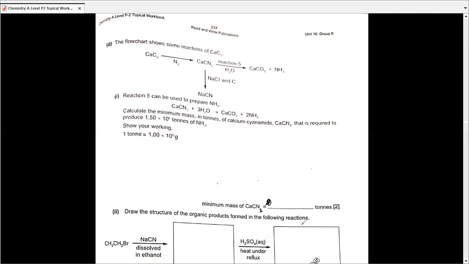So if we have 1.50 into 10 raised to power 6 of NH3, we need to see how many tons of calcium cyanamide we need. So 1.5 into 10 raised to power 6 divided by 2, because the mole ratio is 1 to 2. And so finally, the answer would be 7.5 into 10 raised to power 5 tons.